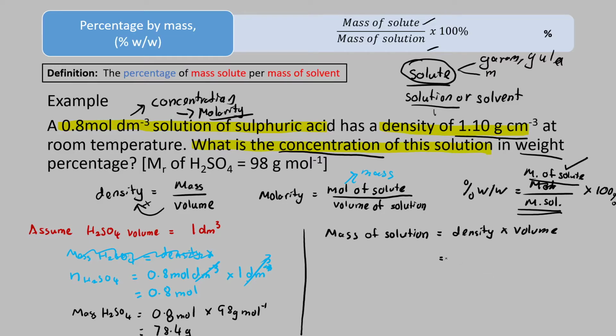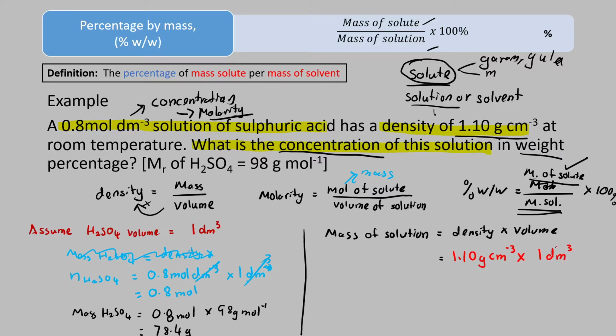So mass of solution, we have the density, but okay, I want you guys to take note of the unit. Banyak of the question, they treat you like this, okay? So if you take a look, dia punya density is 1.10 gram cm cube, while kita punya volume tadi kita assume in 1 dm cube, right?